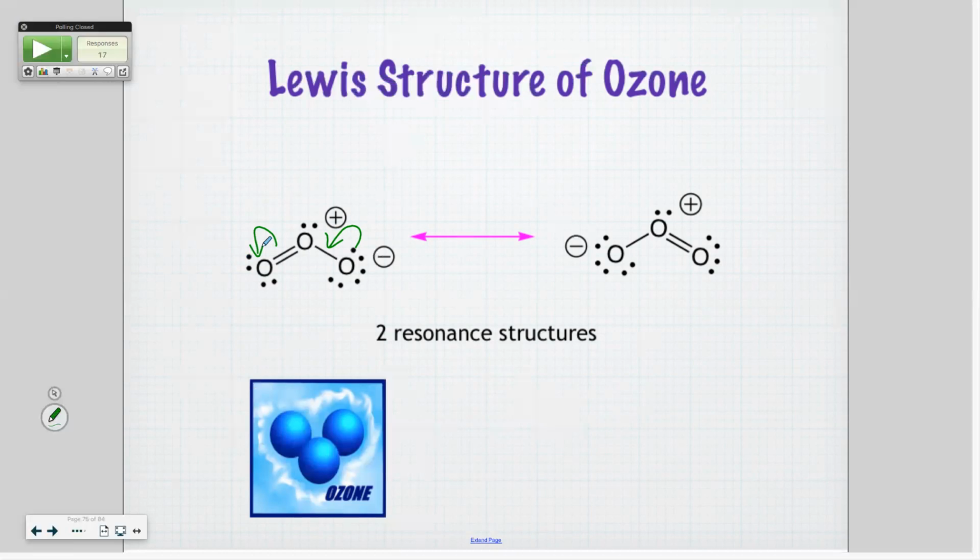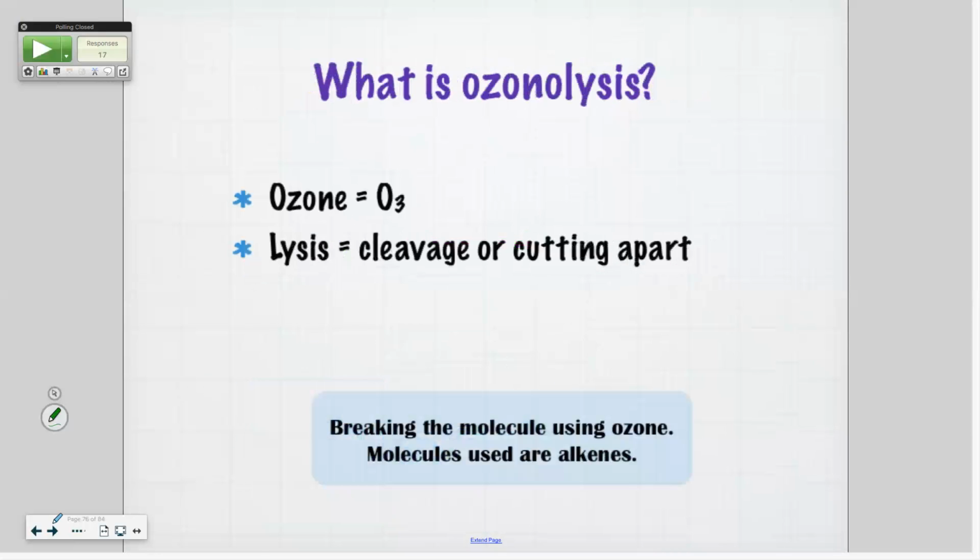Both of the OO bonds in it are equivalent. They're both in between a double and a single. So we're going to break our molecule using ozone, and of course, we're going to break alkenes. Okay, got that right?